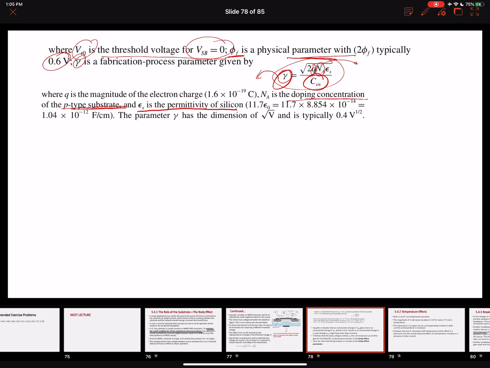If the body is connected to the ground, then we don't need to worry about that extra potential that is applied. However, in an NMOS, if the substrate is made negative relative to the source, then our threshold value will increase.